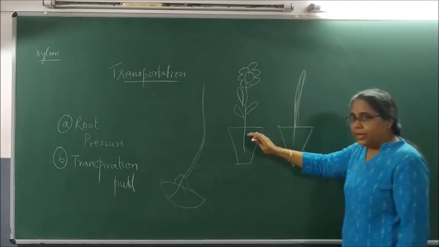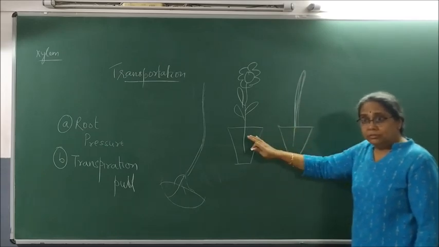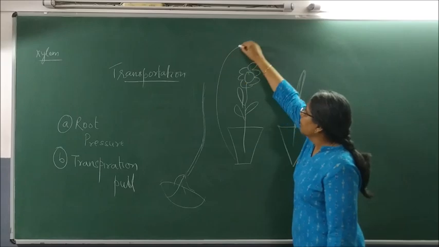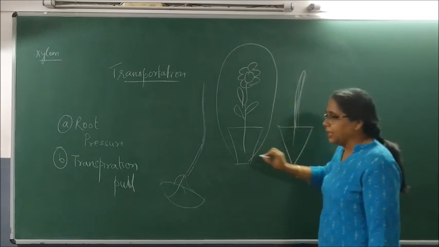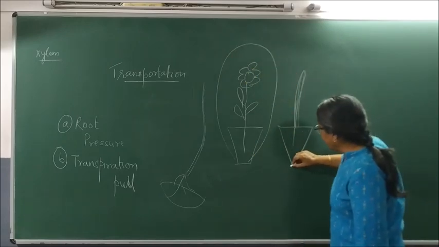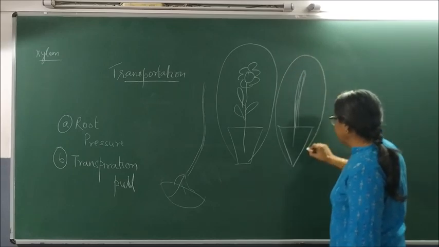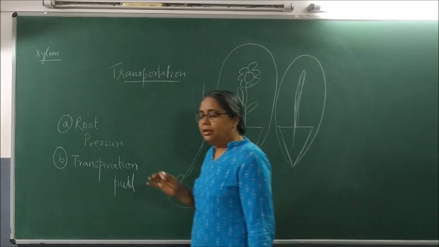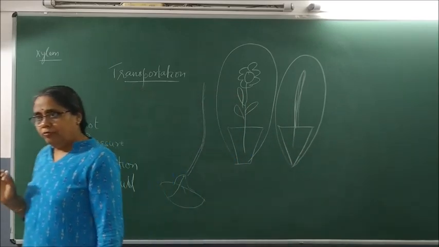Now I bring both into sunlight. I cover this completely with one plastic sheet, and I cover this also with a plastic sheet. I leave it outside for it to produce food.